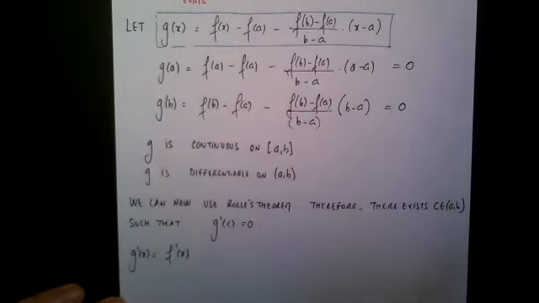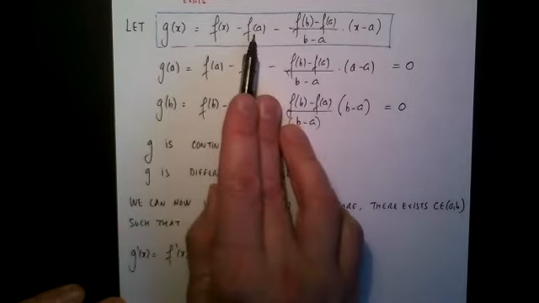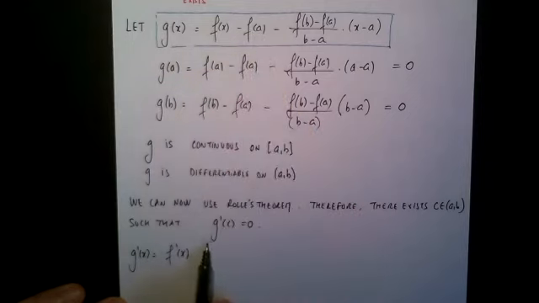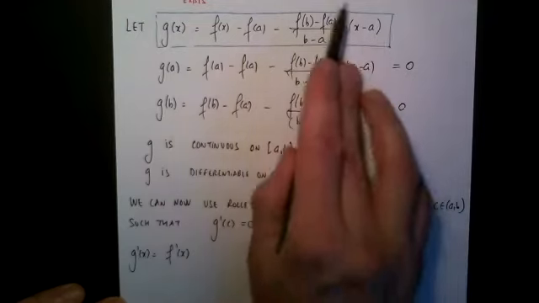What's the derivative of f of a? 0. Very good, thank you. Don't tell me f prime of a, because f of a is a number, and the derivative of a number is 0. So it's f prime. Then the derivative of this here, what will it be?